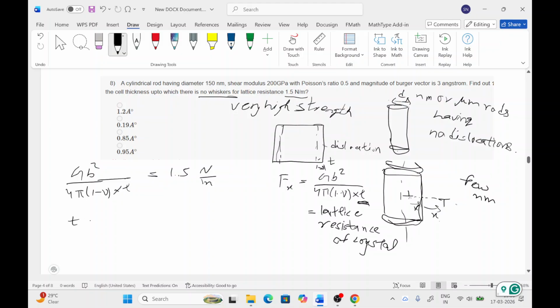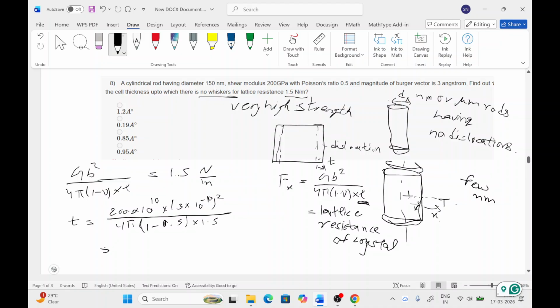So thickness we can calculate: G b squared, G is 200 times 10 raised to power 10, b is the Burgers vector 3 angstrom, divided by 4 pi (1 minus Poisson's ratio, which is 0.5) into lattice resistance 1.5 Newton per meter.